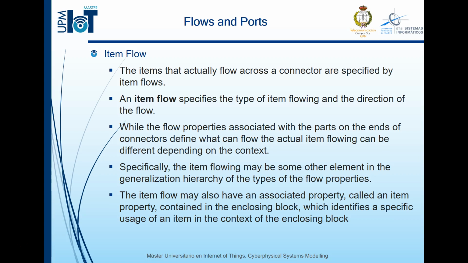Now it's time to specify which items are flowing. You have the connector, but maybe you can send water using the same pipes, or concrete, or beer or something like that. So now it's time to determine what is actually flowing through the connector.